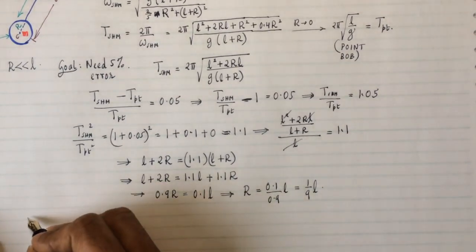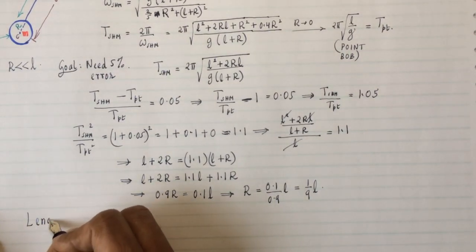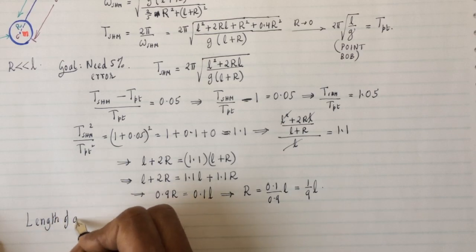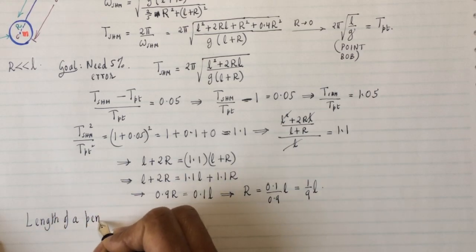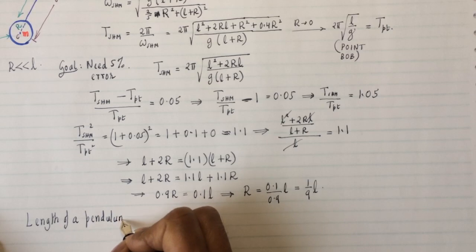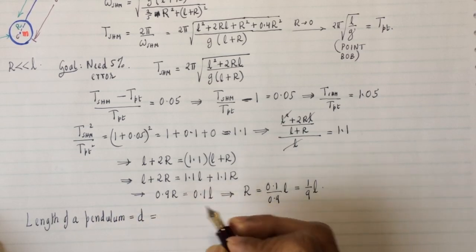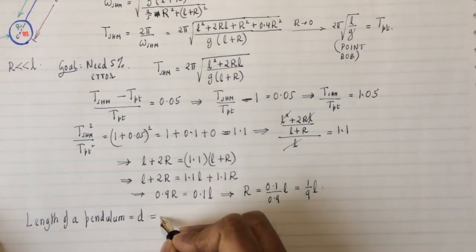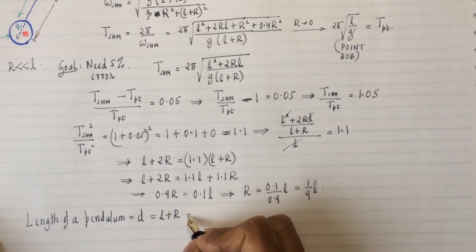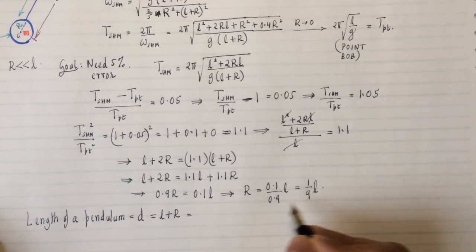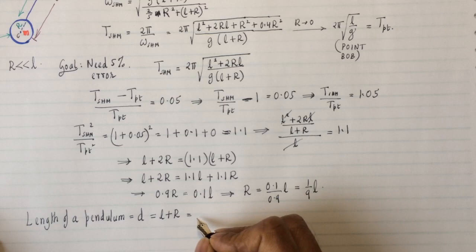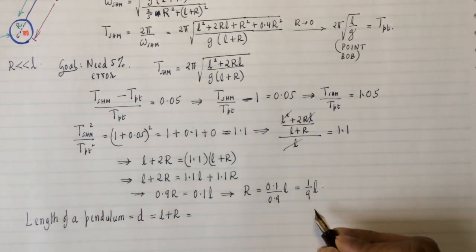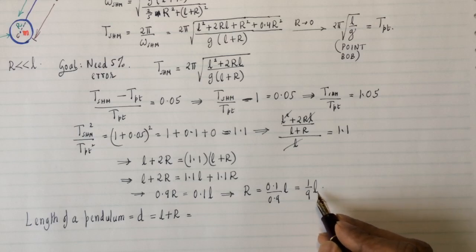Now the length of a pendulum is simply defined as D. So that's going to be L plus R. So I want to write this in terms of the length of the pendulum.